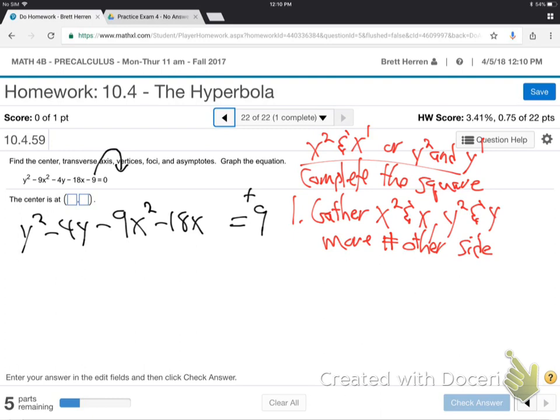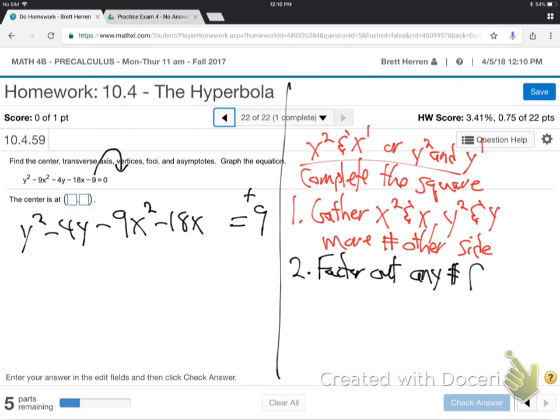Now, this is the extra tricky step. Remember how we have to factor out any number in front of x squared or y squared, even -1. That's the trick. In this case we have a -9.